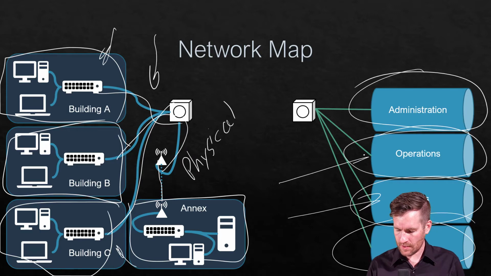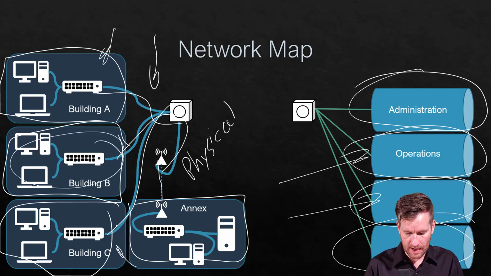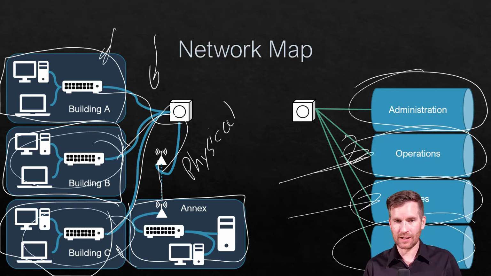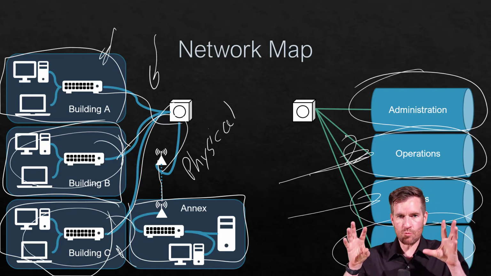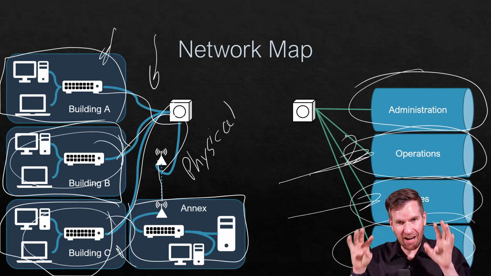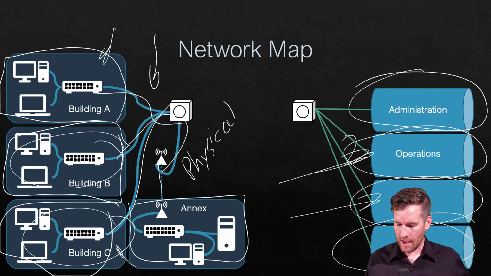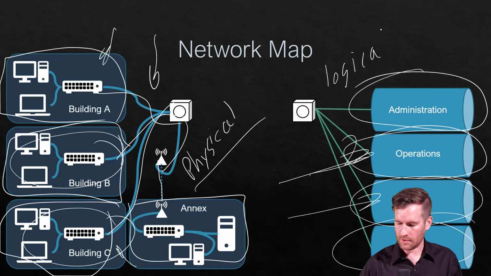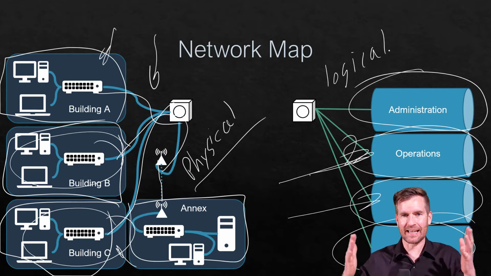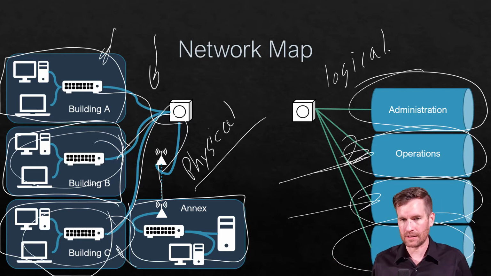And for operations, there's people in building B and C. So the two maps of these could look very different. This is a physical topology, and this would be a logical topology, how it logically is set up.